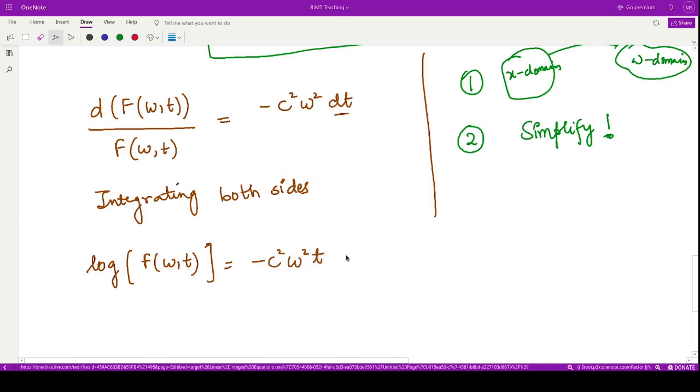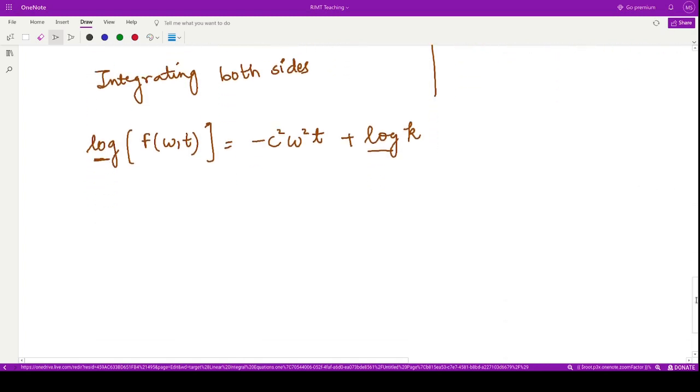And we also have the constant of integration. So let me call that log of some quantity k, right? Why log? Because here also we have log. So it is better if you use log, so that you could write this term as log of e to the power minus c square omega square t into k, right? And you have log of F of omega t.